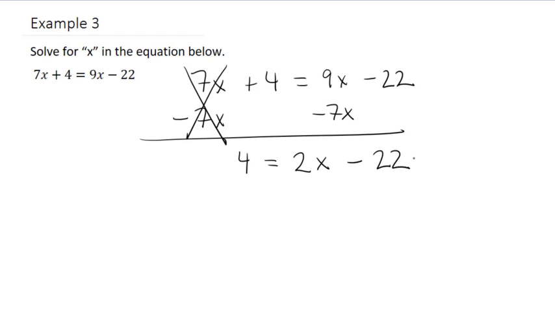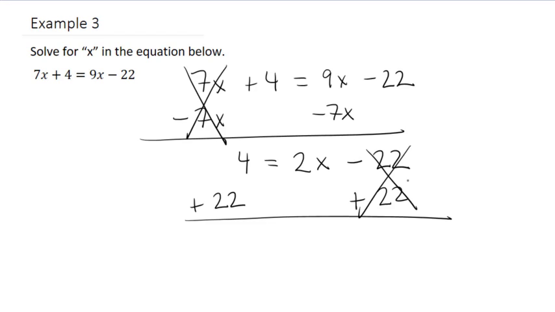Now, like before, we're going to need x by itself. And we've done this before. So we're going to also now add 22 to both sides. This gets rid of the 22 on the right-hand side to get x more by itself. So now we have just 2x.